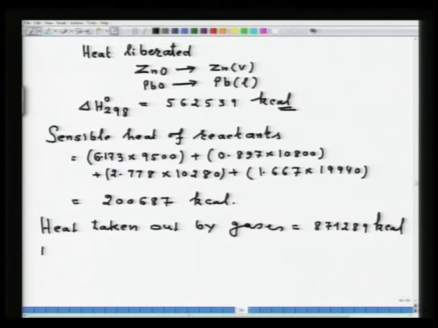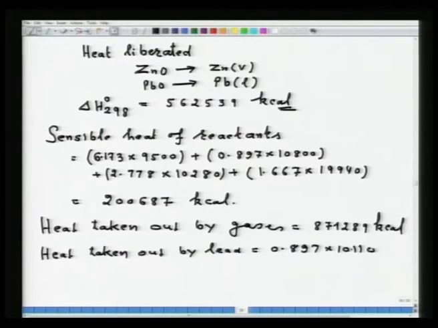Similarly, the heat taken out by lead will be 0.897 into 10,110, that is equal to 9,069 kilocalorie.